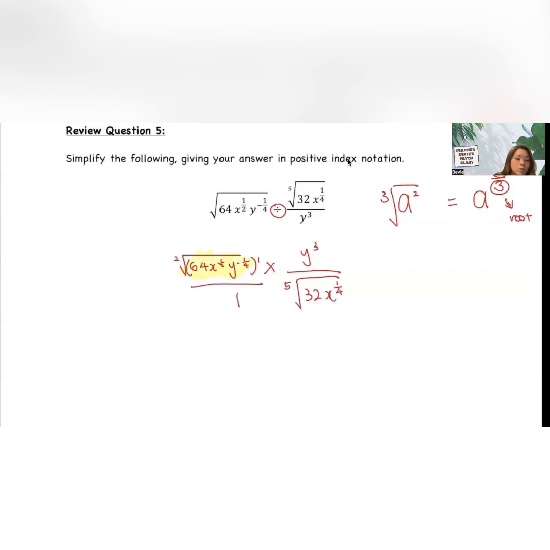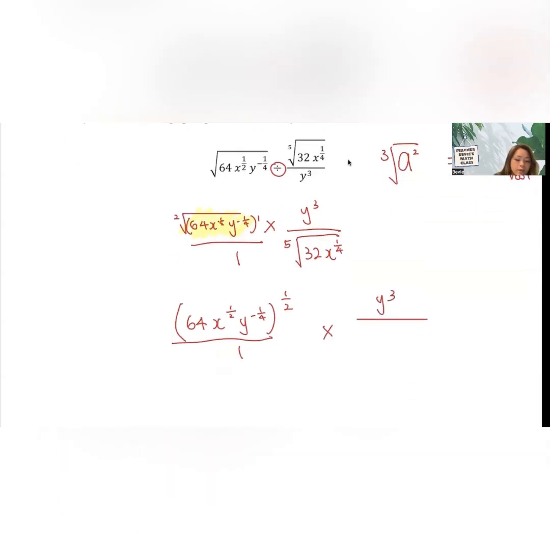So this will become 64x^(1/2) y^(-1/4), whole thing to the power of 1 over 2, over 1, times y cubed over, same thing, I can have a bracket with power 1 over here. So this becomes 32x to the power of 1/4, whole thing to the power of 1/5.